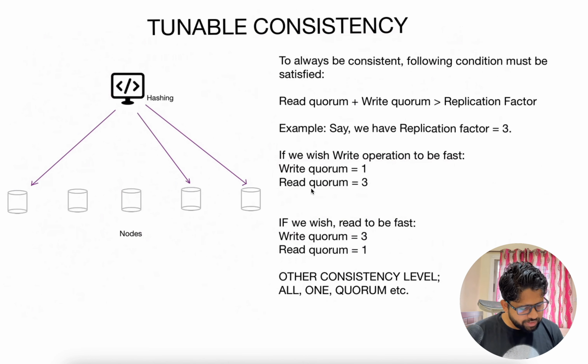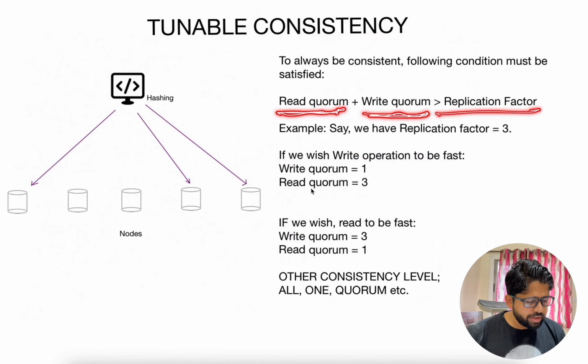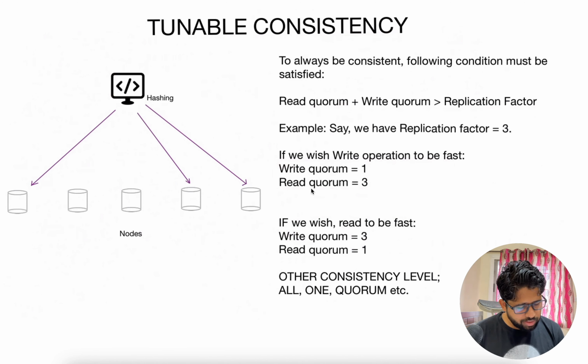So this is the definition: to always be consistent, we follow the condition that read quorum plus write quorum, or the number of nodes on which you read the data plus the number of nodes on which you write the data, should be greater than the replication factor. So here, if the replication factor is 3, greater than 3 means 4.